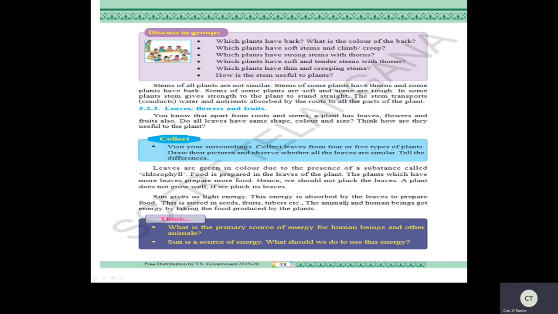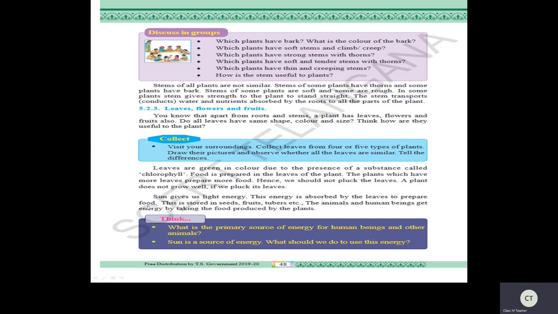This energy is absorbed by the leaves to prepare food. How the leaves absorb it, I will show in the pictures. Just learn now: leaves absorb light energy to prepare the food.